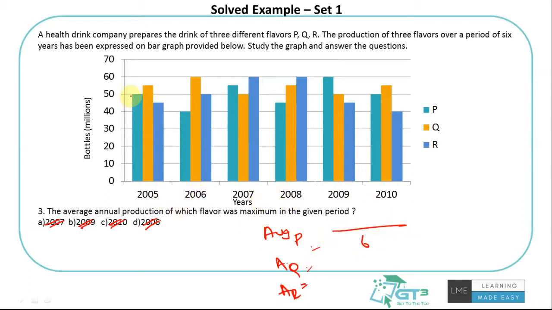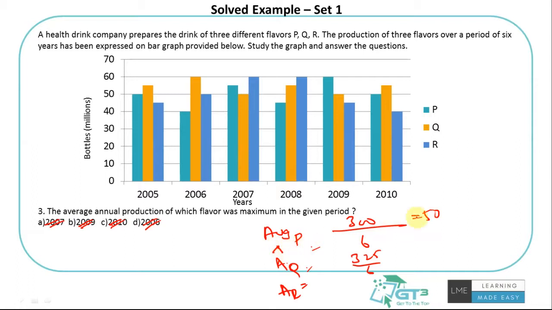So for P it is 50 plus 40 plus 55, 90, 145, 190, 250, 300. For Q it is 55, 60, 115, 115 plus 50, 165, 165 plus 55 is 220, 220 plus 50, 270, 270 plus 55 is 325. I know that anyway AQ is greater than AP.